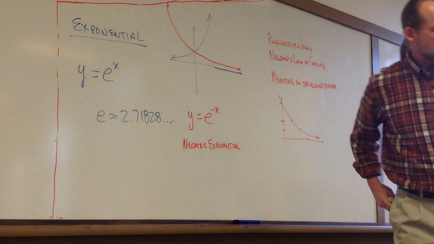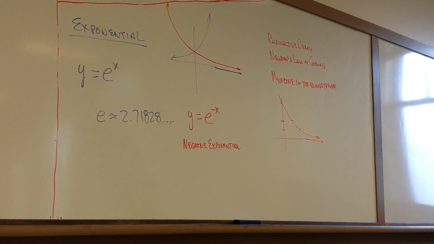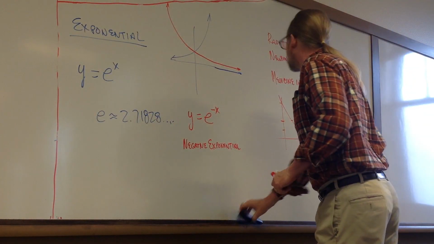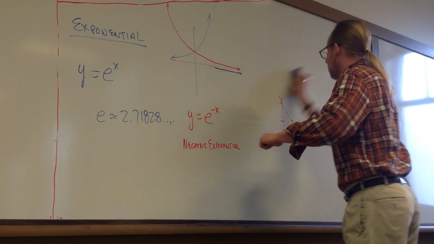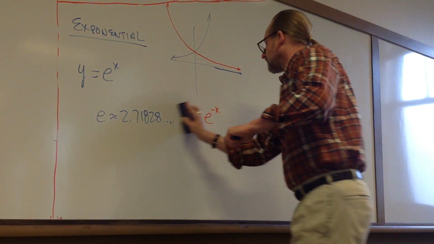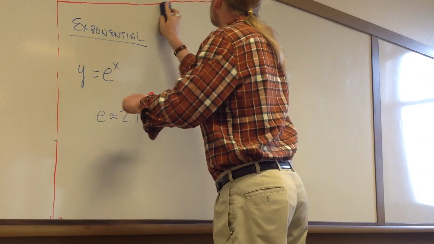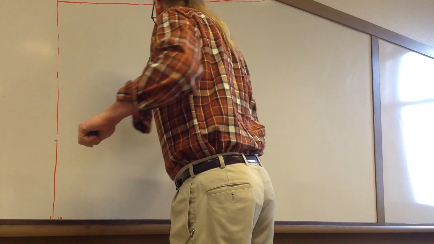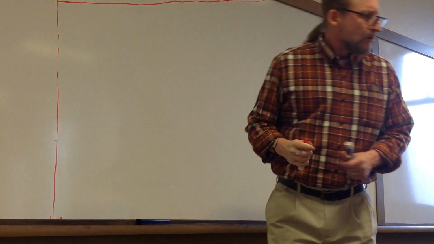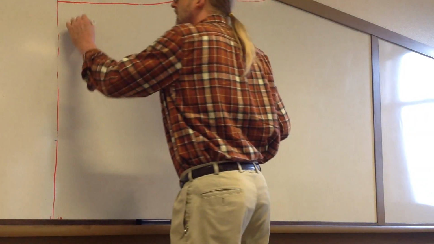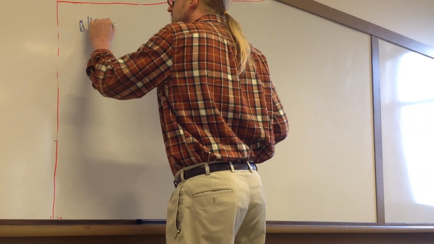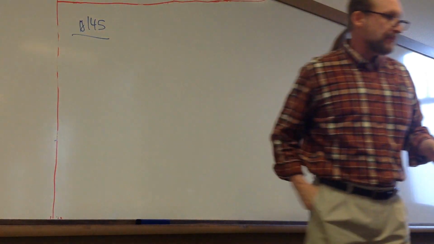All right, let's see here. Let's look at some examples. We'll start on page 145. So let's see what this looks like. On page 145, we've got an example that is a negative exponential.